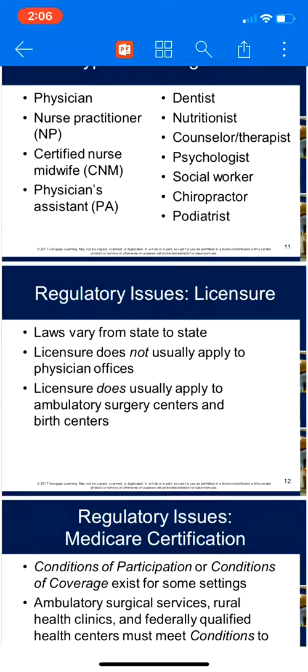Ambulatory surgery centers and the birth centers, who have to meet the licensure standards, have rules for what information the facility must maintain in its health records. They are therefore an excellent source of information on what must be included in the information system. The content of the medical record for an ambulatory surgery center is similar to the content of the hospital record. And if you remember, we learned that in health records in the first semester.